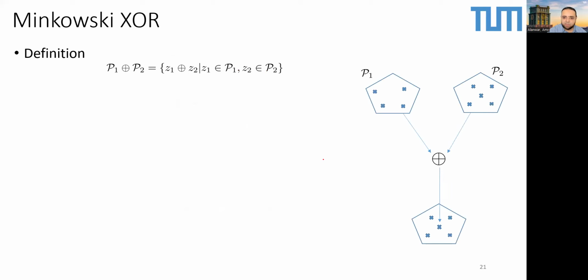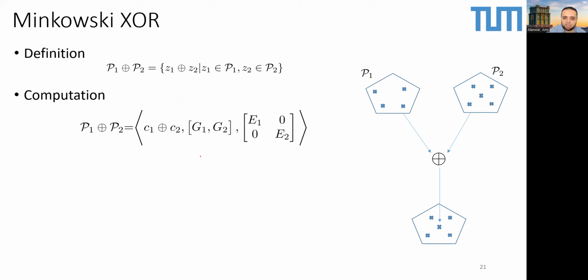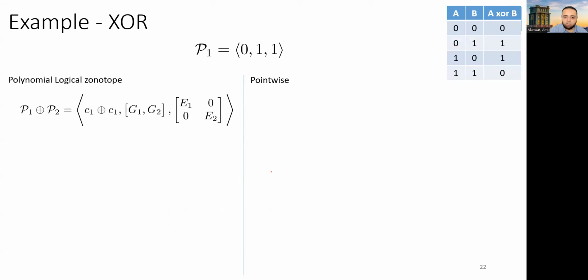And to do the Minkowski XOR, which as I defined before, is all the possible XORs between the two sets, it's enough to concatenate the generators and have the exponent matrices on the diagonal as shown here. However, there is still a problem. In the binary domain, if you have a set B1, which consists of 1 bit, C and G, and the exponent matrix here, and you would like to do B1 XOR with B1.